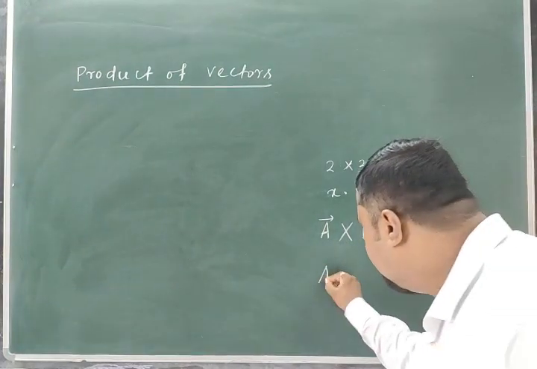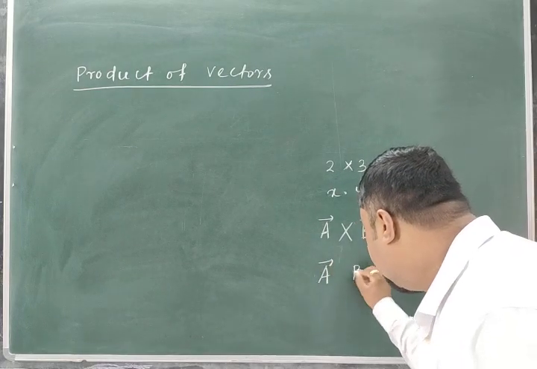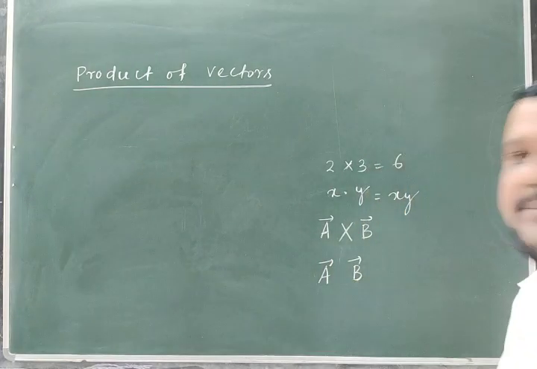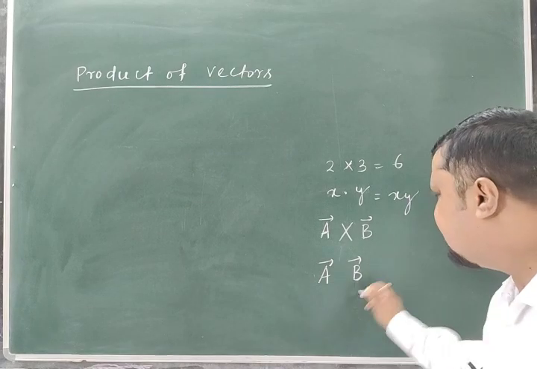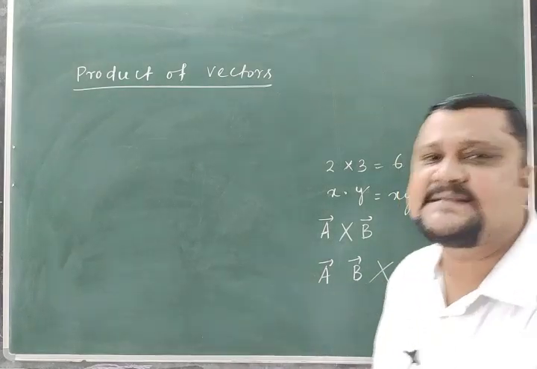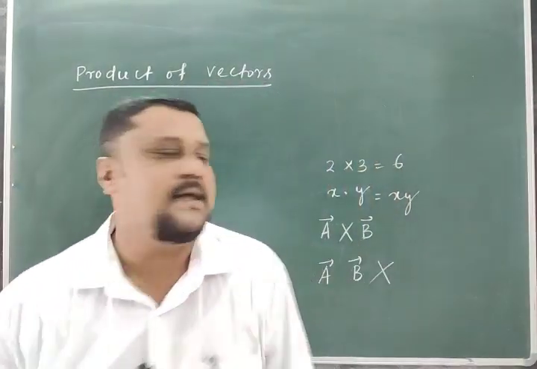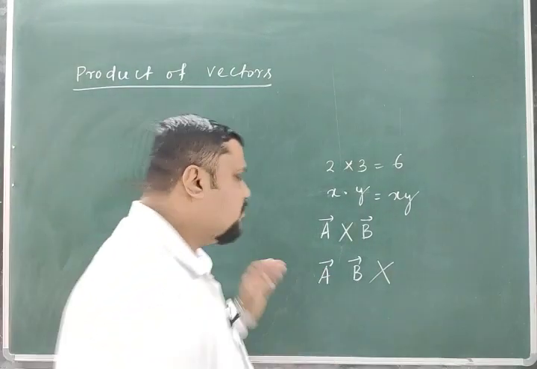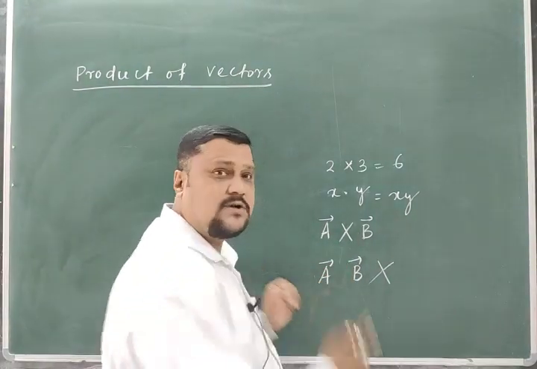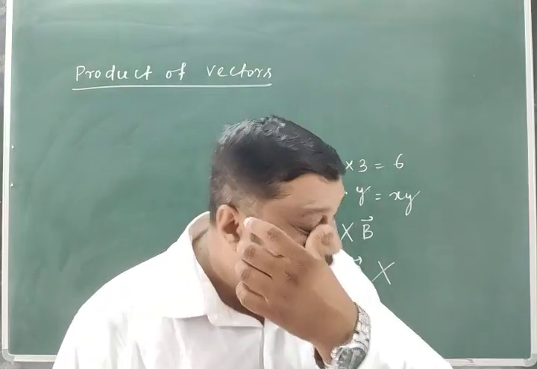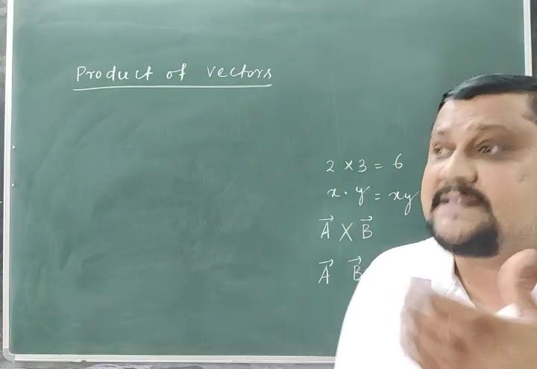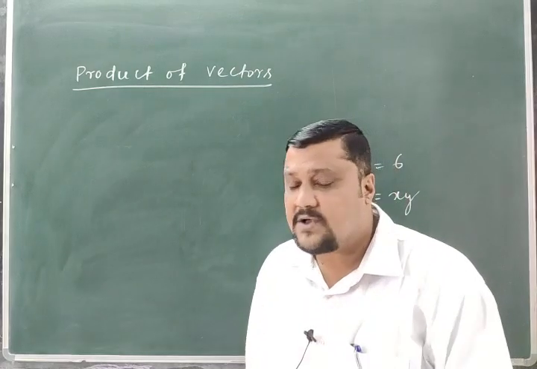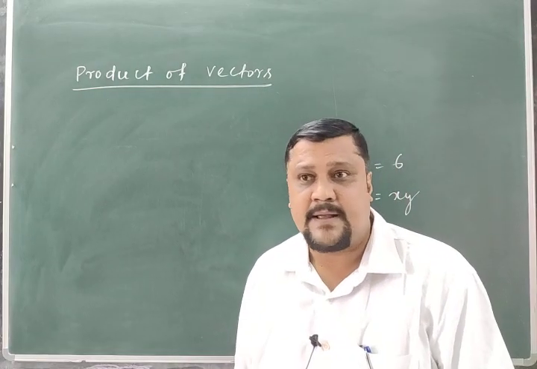If the vectors are written like this, A B, without any symbol, it has no meaning in physics. You must put a dot or cross in between the two vectors. If it is a dot, this is a dot product, and if it is a cross, there is a cross product.